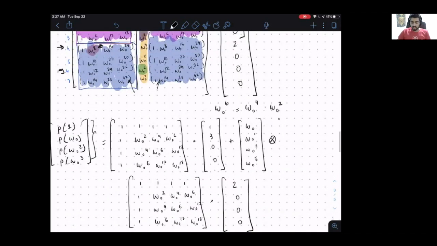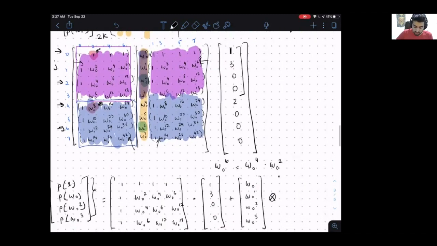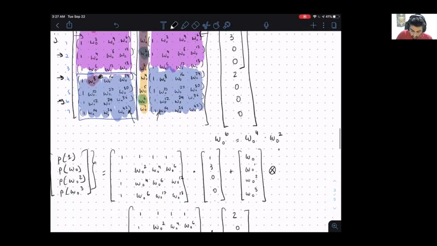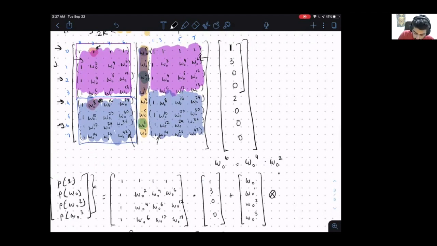And why is that the case? Well, let's look at this again. We showed that these terms over here were basically just the negatives of these top terms. But apart from that, everything else is the same, because we know that this matrix and this matrix are the same as the purple matrices.